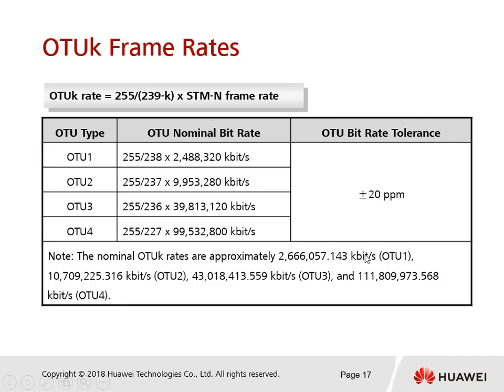So you can calculate how many megabits or gigabits. This is the formula for the calculation, and here we have the numbers like 255 and 239. This means how much overhead is in the OTUk frame.